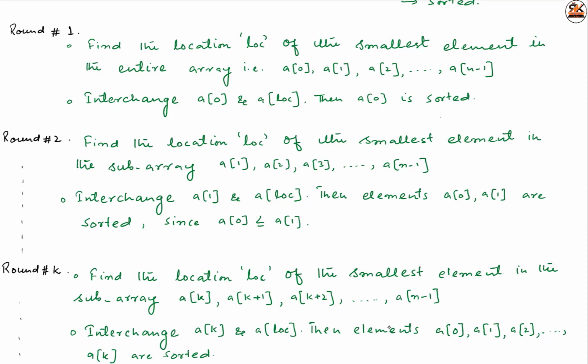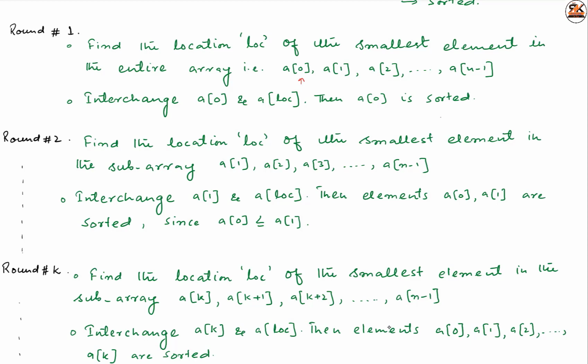We find the smallest element out of this list and note down its location. Then we interchange a0 and a location. A location means the smallest element in the array. We interchange that element with the first element, which in this case is a0.